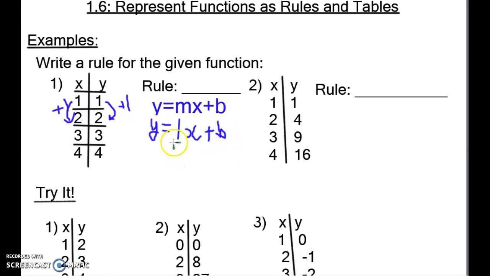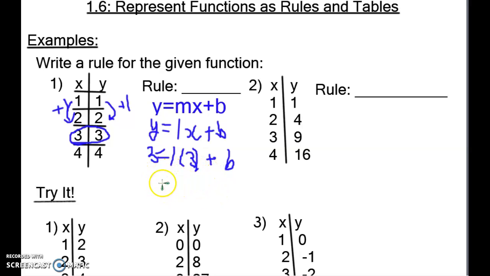To find the b value, you have to substitute in one of these numbers for the x and the y. So let's go ahead and use number 3. When y equals 3, x equals 1 times 3 plus some constant b.